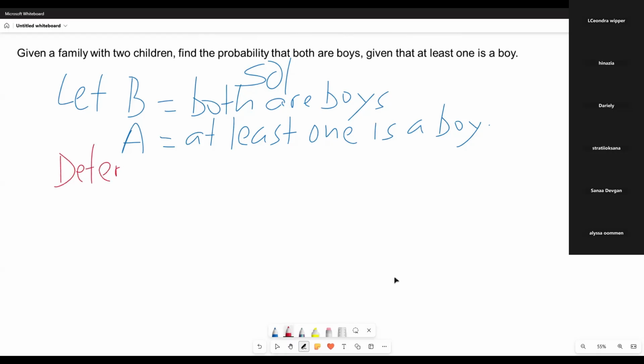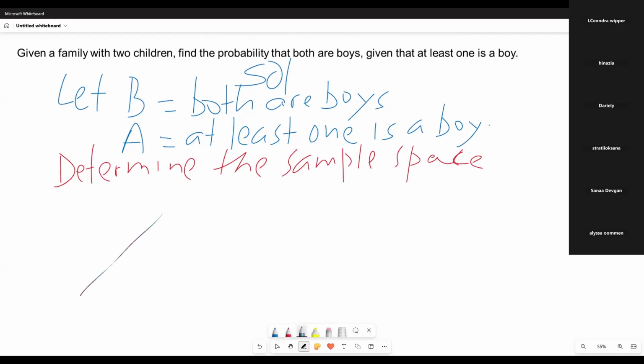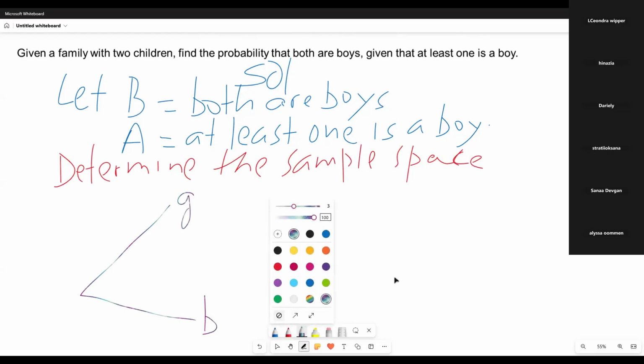Determine the sample space. Let's say here, when you talk about children, it can be girl or boy. Right? Girl or boy.